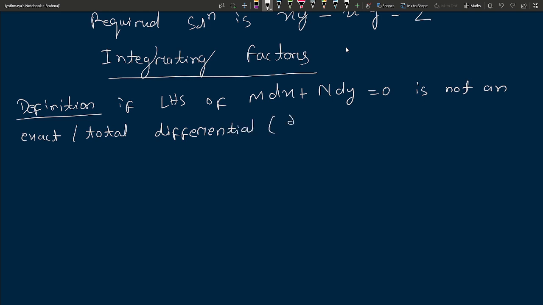Till now you know that not exact means del M by del y is not equal to del N by del x. Okay, if this happens, then we say that this is not exact.